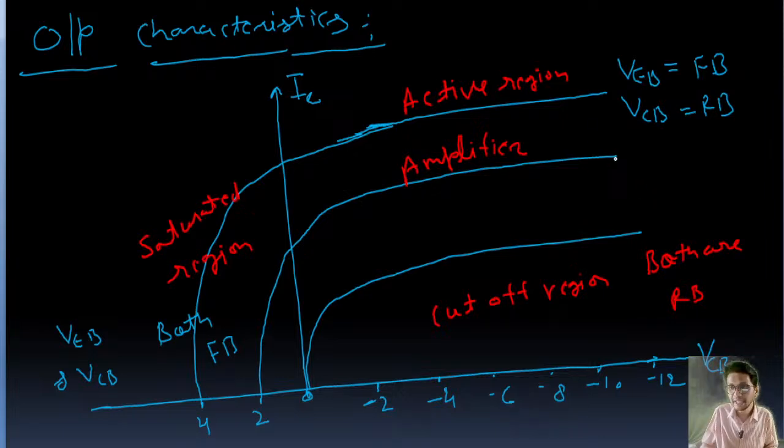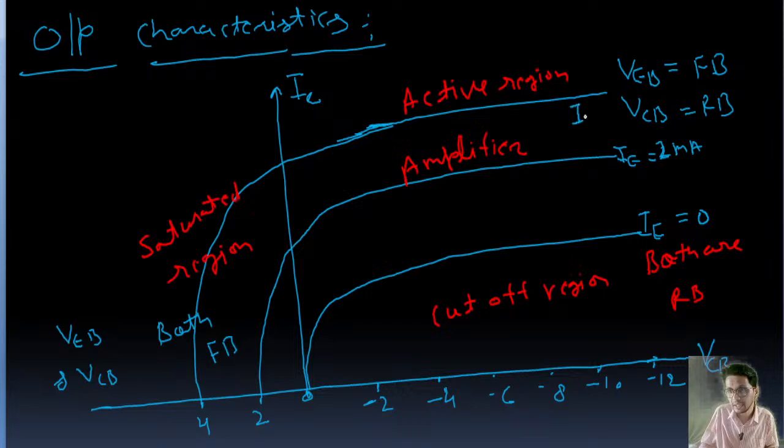Here IE will be constant. This is the graph between IC versus VCB, and this emitter current IE is constant. This is IE equal to 2 milliampere, and this is IE equal to 0.